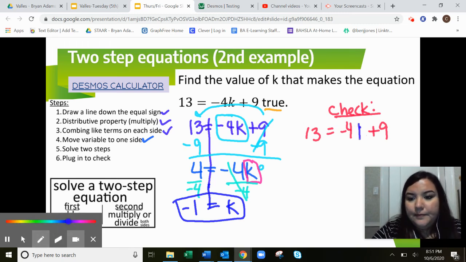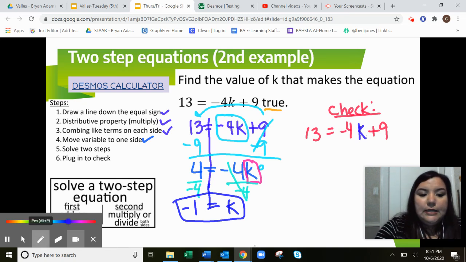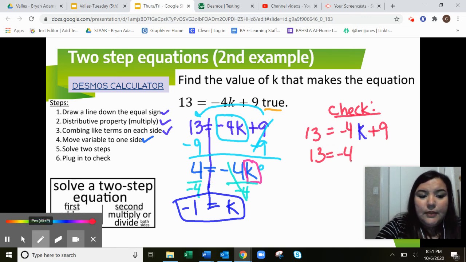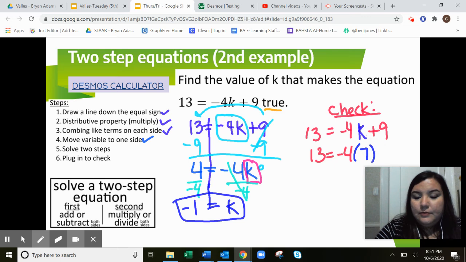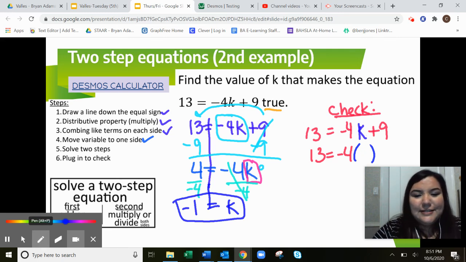So now I'm going to replace my value. My k is 7. Whoop, not 7, sorry, I made a mistake. I don't even know where I got the 7 from. Anyways, it's negative 1.